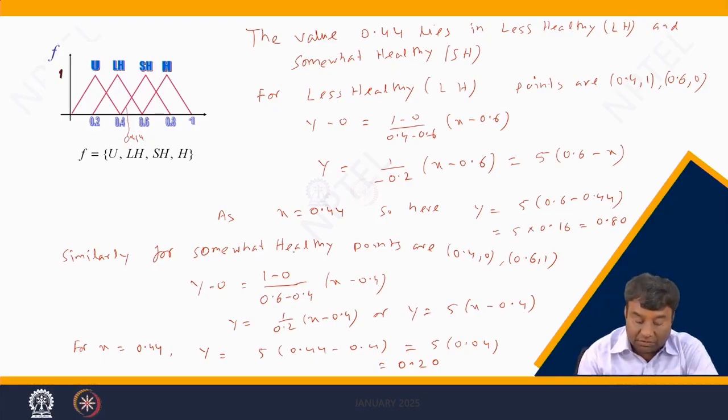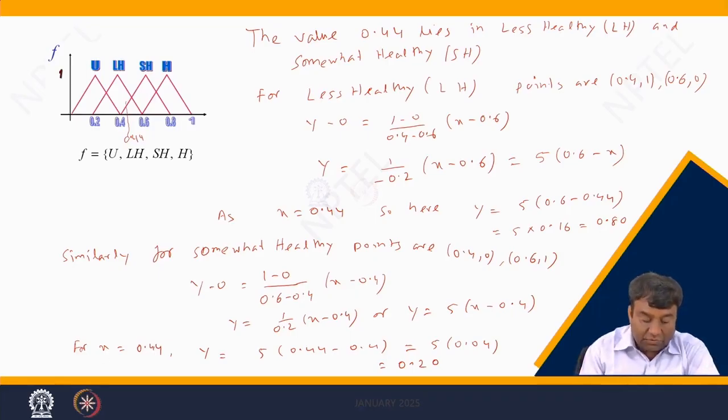Similarly, for somewhat healthy, points are 0.4 and 0.6. So the equation of this line is y minus 0 equals 1 minus 0 over 0.6 minus 0.4, times x minus 0.4. So that is y equal to 1 by 0.2, x minus 0.4, or y equal to 5 into x minus 0.4.